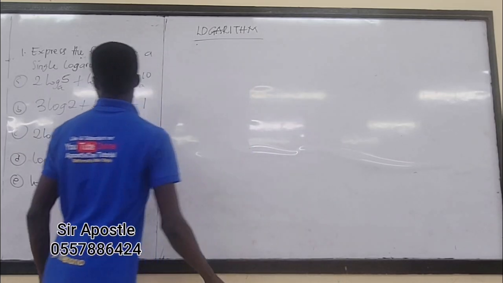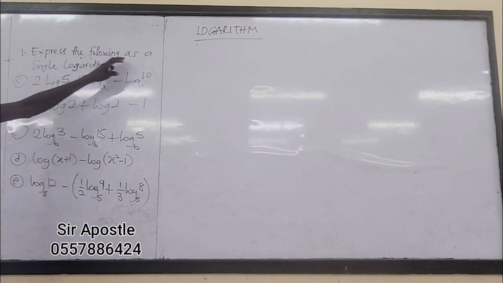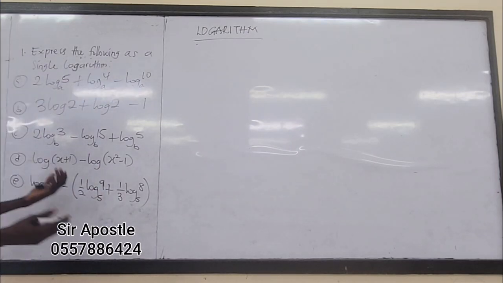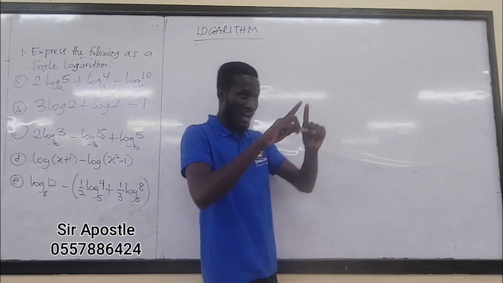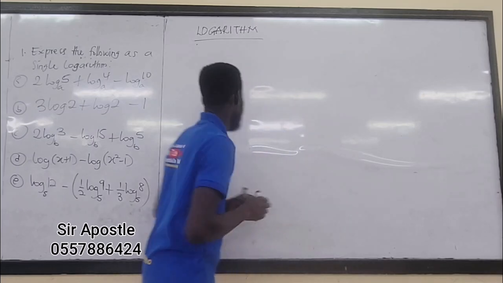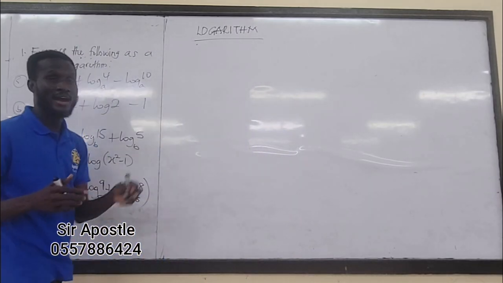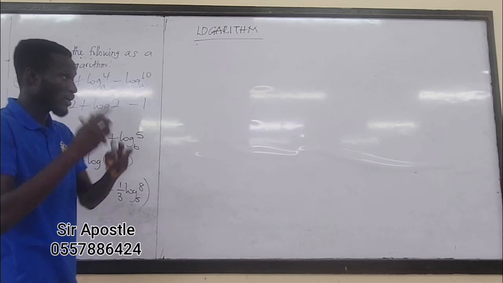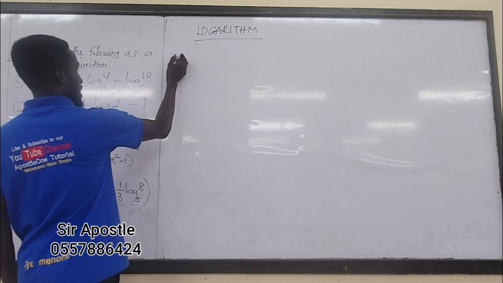Let's go. Now, express the following as a single logarithm. A single logarithm is when you have one logarithm. Now, this one contains three logarithms. We actually express it as a single logarithm, so one logarithm. So let's see.